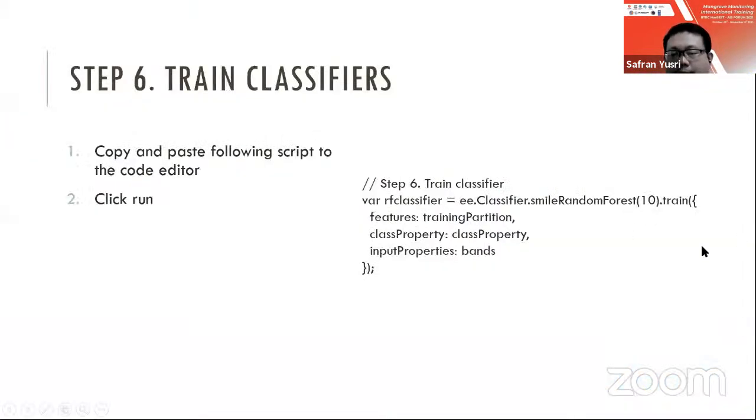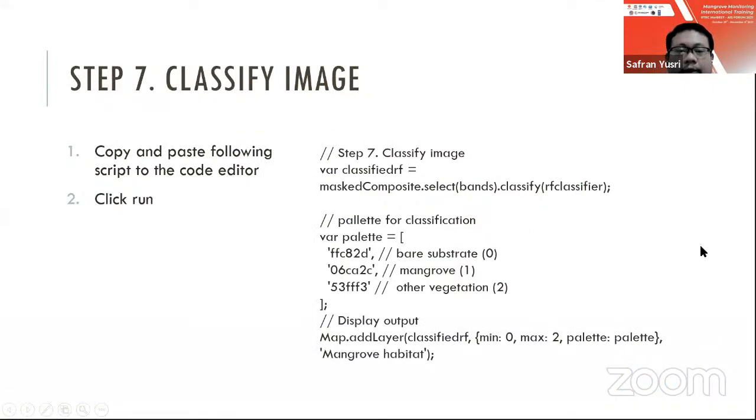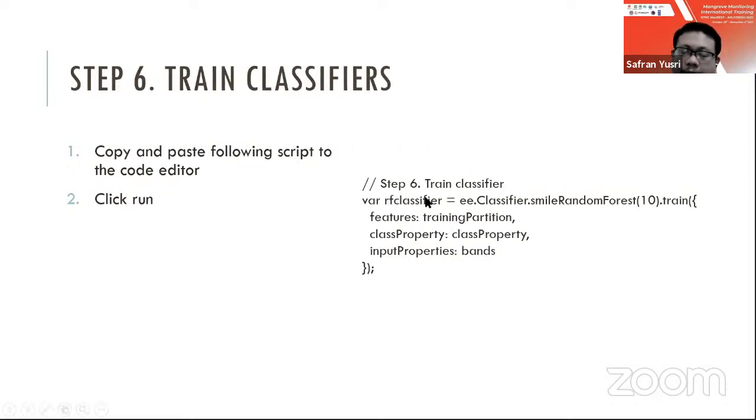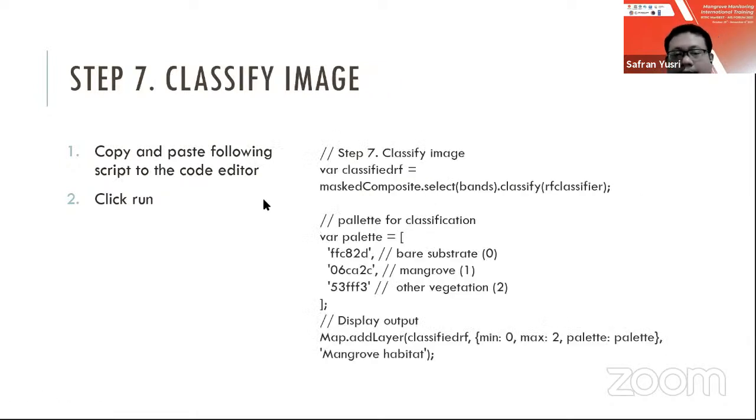Okay, now we continue to the next step, which is image classification. This one is to classify the image. You use your classifier, the RF classifier. So you declare a new image called classified random forest from the mask composite, with the bands we already declared before, and we classify the image using the classifier we created previously.